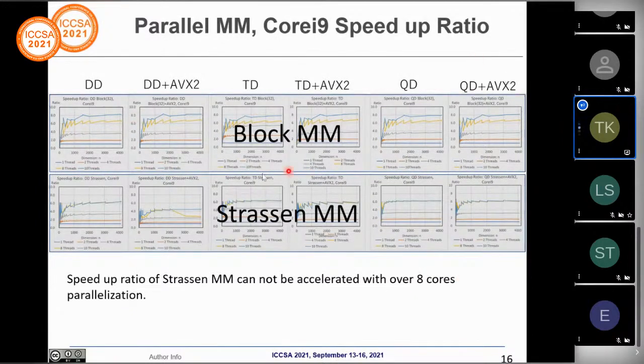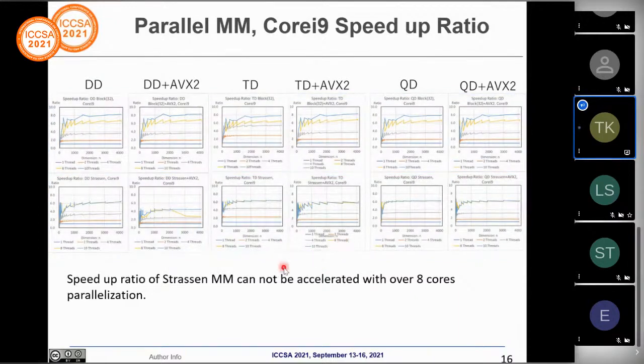The first figure shows the parallelization ratio with block matrix multiplication, and the lower figures show the parallelization ratio with Strassen matrix multiplication. According to these figures, the speed-up ratio of Strassen matrix multiplication cannot be accelerated beyond 8 parallelization.